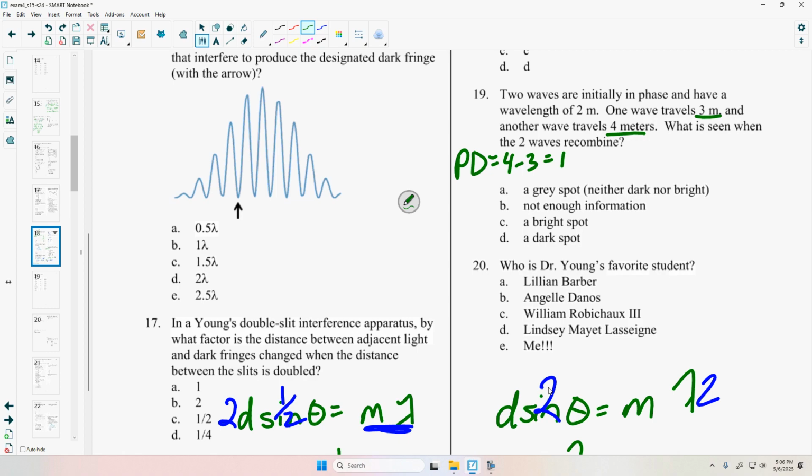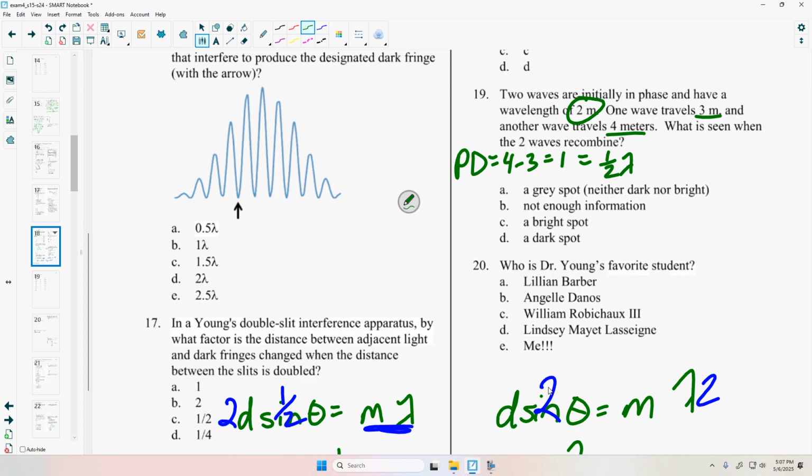And then you ask yourself, what fraction of the wavelength is that path length difference? Since the wavelength is 2 meters, the path length difference is equivalent to 1/2 of a wavelength. Right? 1 is 1/2 of 2. So it's half a wavelength, and if I'm half a wavelength out of phase, that gives me what kind of spot?